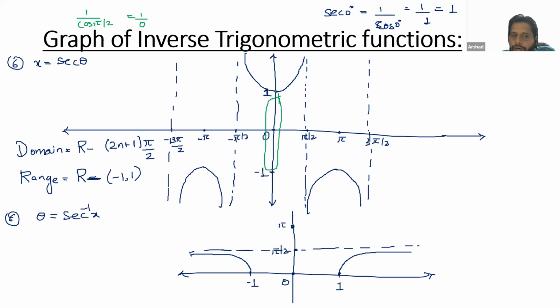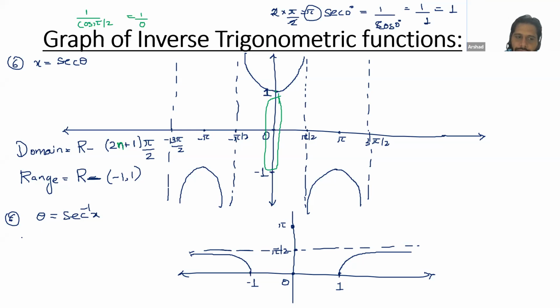How will we represent the odd multiple of pi by 2? By this, 2n plus 1 pi by 2. Is it clear, Omer? Yes, odd multiple. Why not even multiple? Because if you write an even number, for example 2 into pi by 2, then you will get pi. That's why we always say odd multiple of pi by 2.